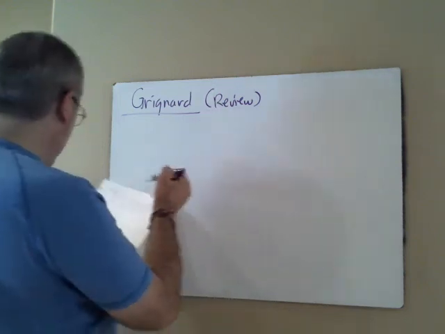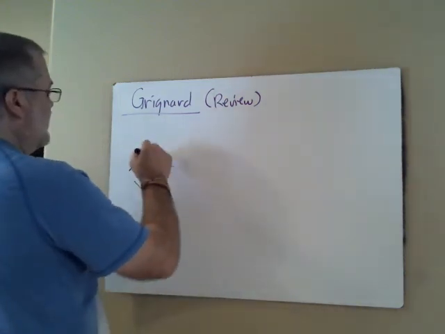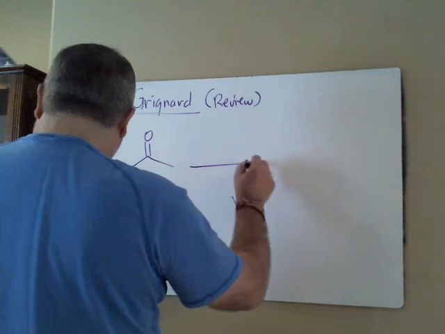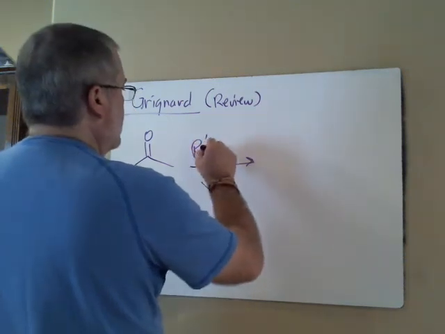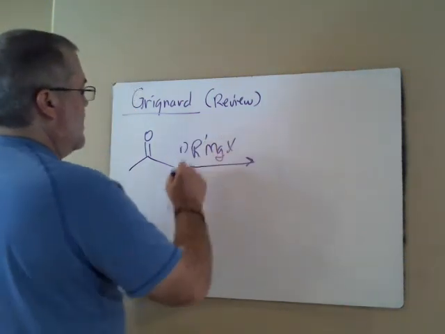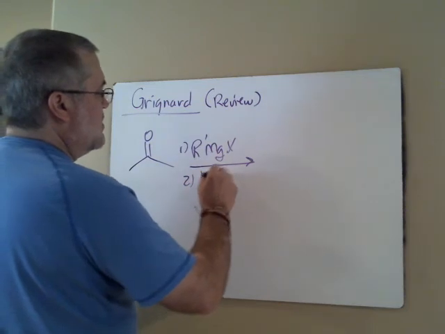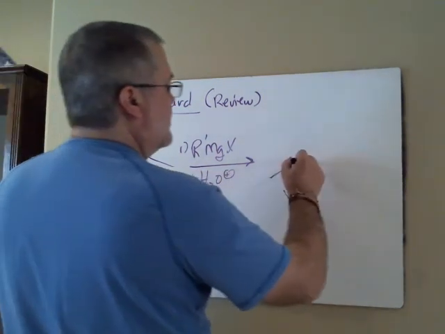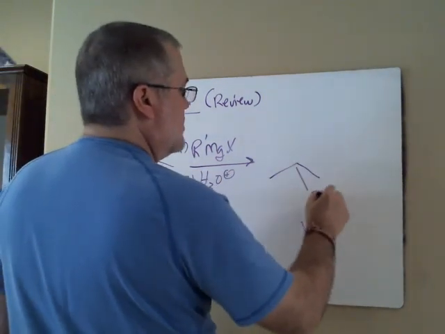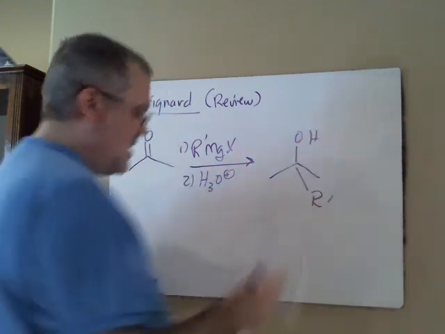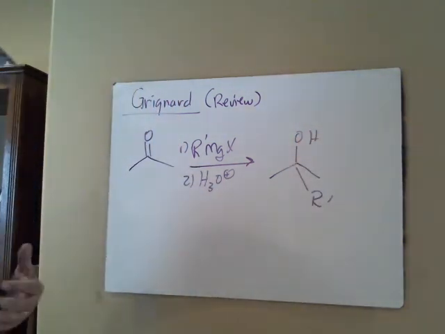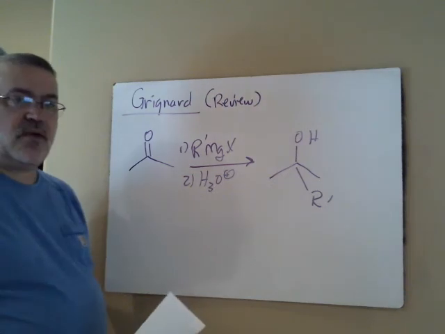Total review. And so that is basically you take your ketone or aldehyde and you react it with the Grignard followed by acid workup. And what forms? The alcohol. Okay? Already done this reaction.